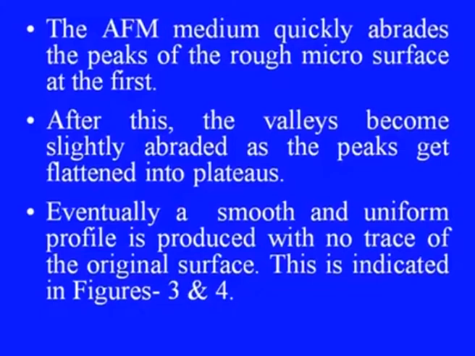Then the valleys become slightly abraded as the peaks get flattened into plateaus. This we will see with the help of some figures later. Eventually, a smooth and uniform profile is produced with no trace of the original surface. This is shown in these figures.